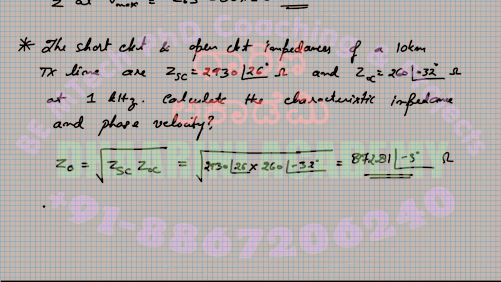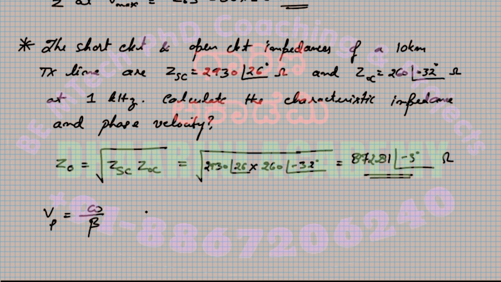Now we also have another equation to calculate the phase velocity. What's the equation to calculate the phase velocity? Vp is equal to omega by beta.